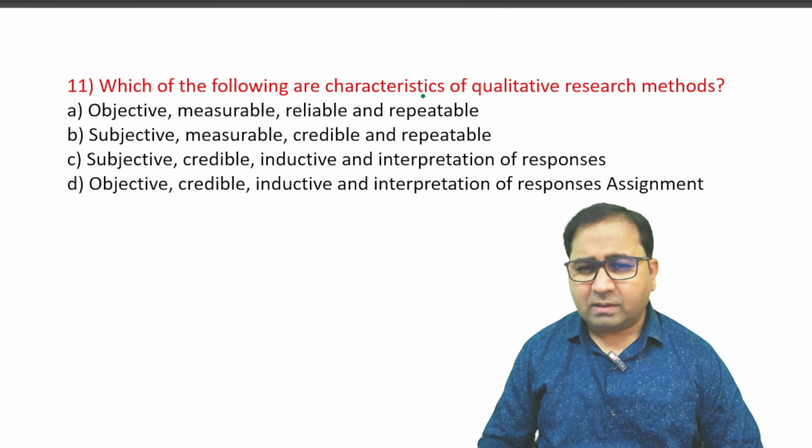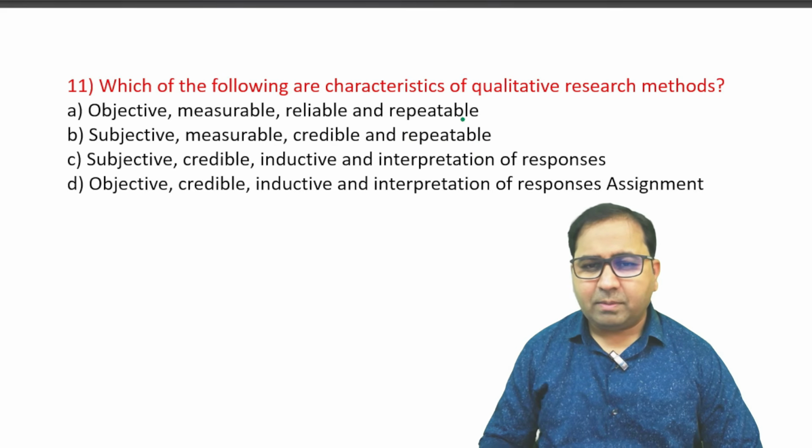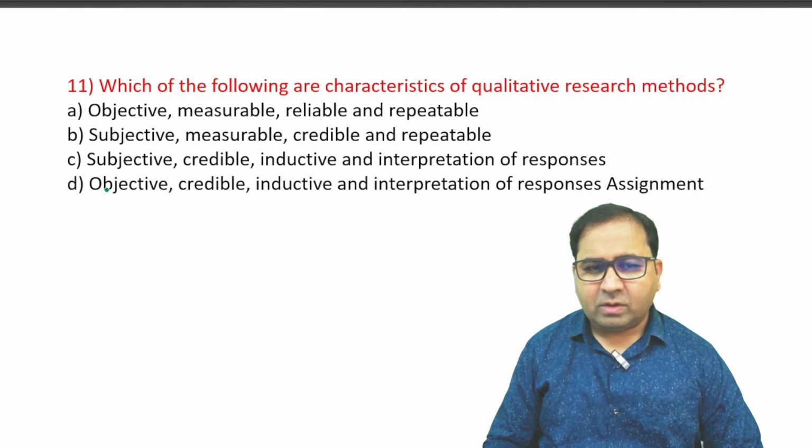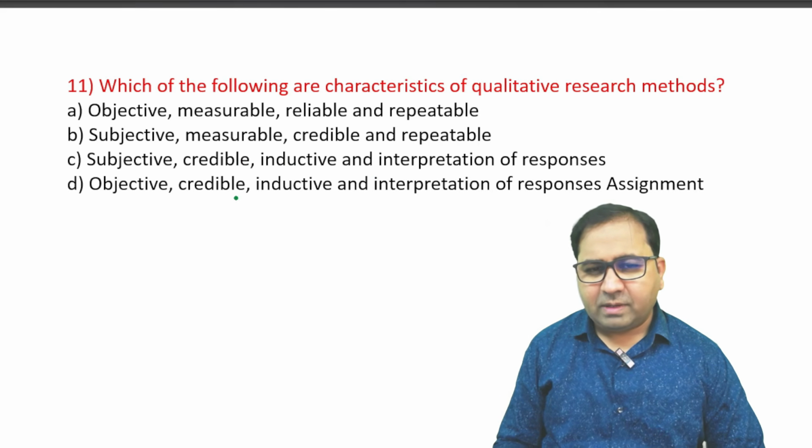Which of the following are the characteristics of qualitative research methods? Options are A, objective, measurable, reliable, and repeatable. Or B, subjective, measurable, credible, and repeatable. Or C, subjective, credible, inductive, and interpretation of responses. Or D, objective, credible, inductive, and interpretation of responses with assignment.